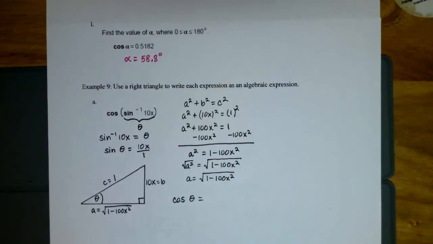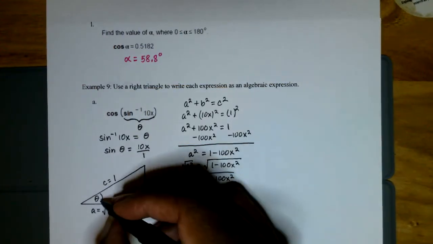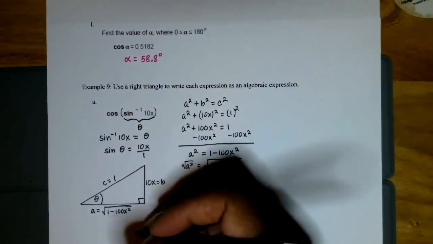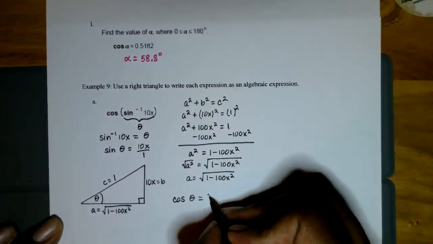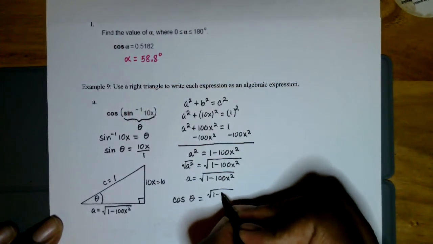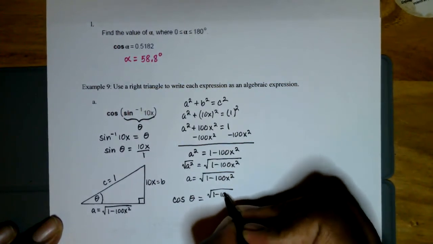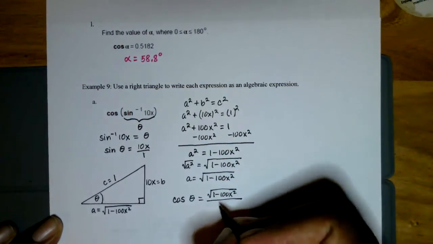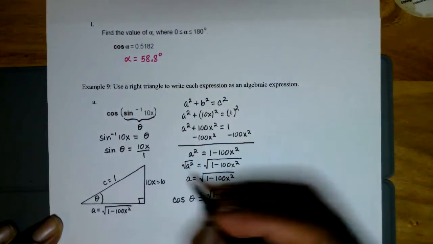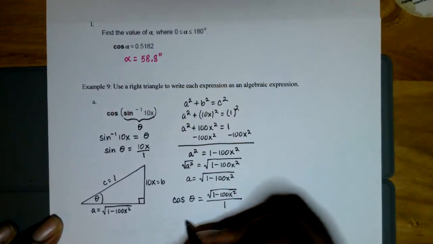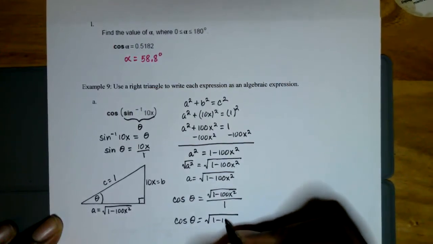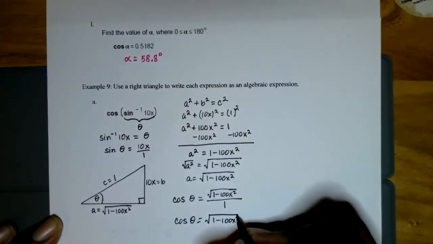So here, the adjacent side of angle theta is the square root of 1 minus 100x squared, divided by the hypotenuse, which is 1. So cosine of theta would just simply be the square root of 1 minus 100x squared.